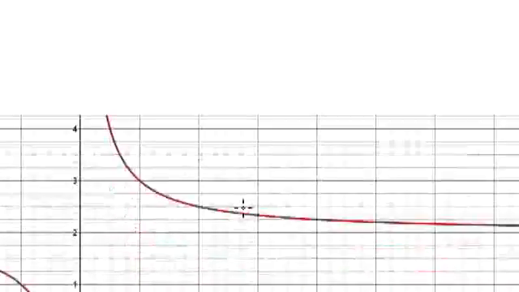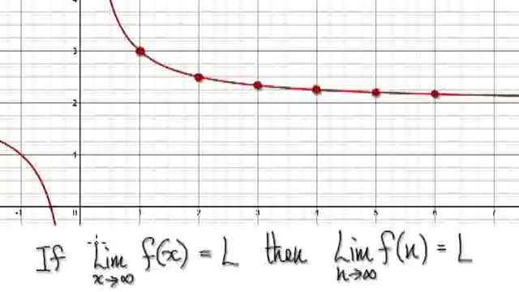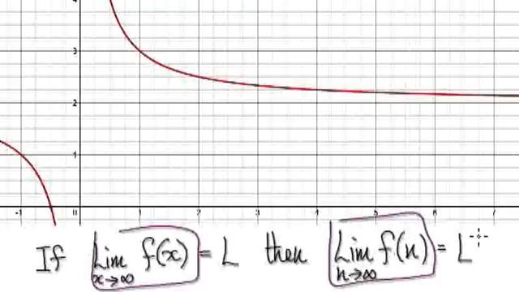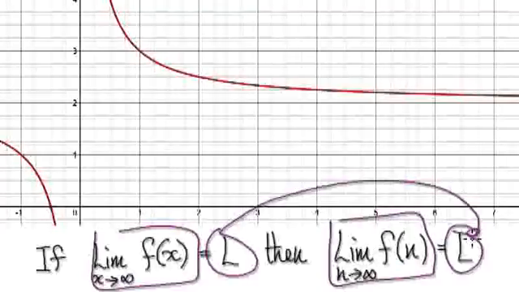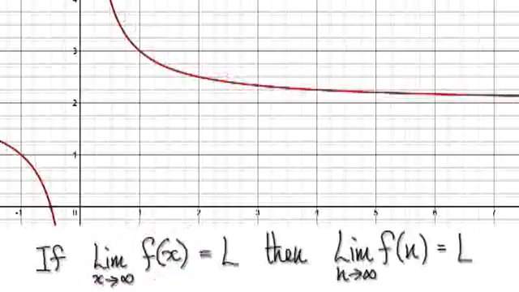What this is saying is that if your function heads towards some sort of limit, then your sequence will have no choice but to also head towards the very same limit. So when you see this, in your mind visualize the function.